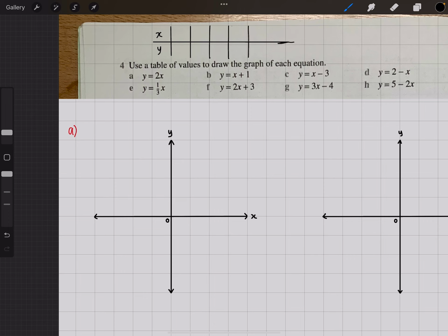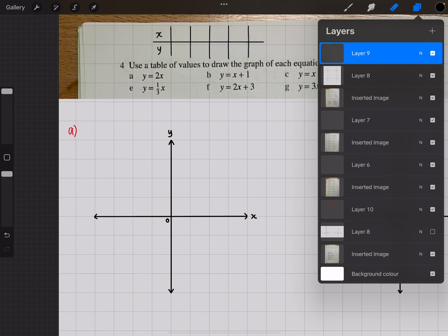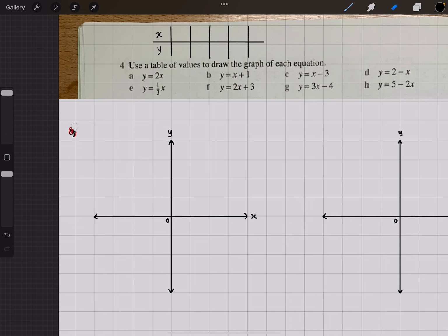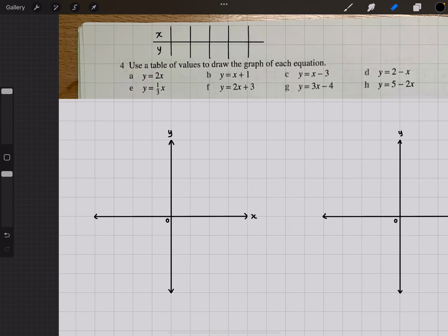Just a couple of points will be enough. So for the first one, y equals 2x, I'm just going to do maybe 0, 1 and 2. Just 3 points is enough.